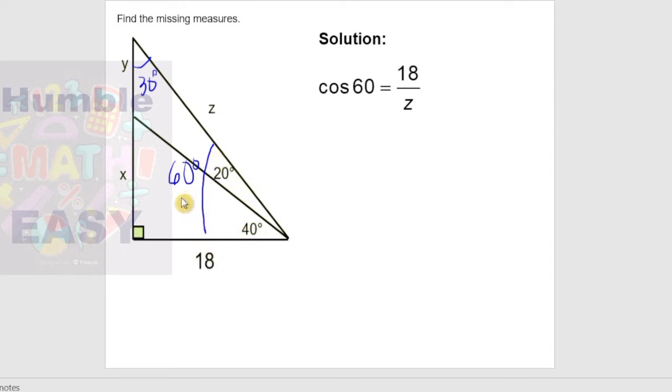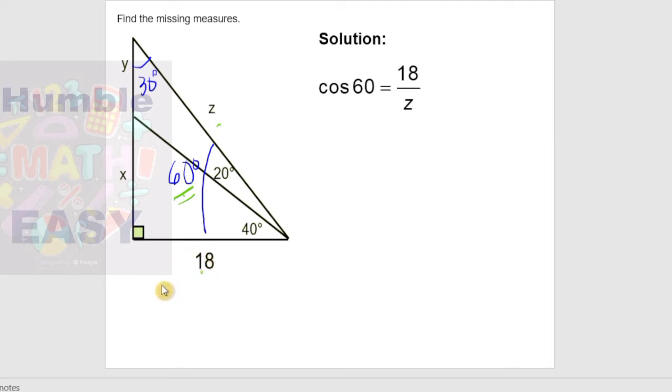So we now have 60 as the value. Then if this would be 60, the other one is 30 degrees. So this 60 here that we have is the hypotenuse of side z, and this 18 is its adjacent side.